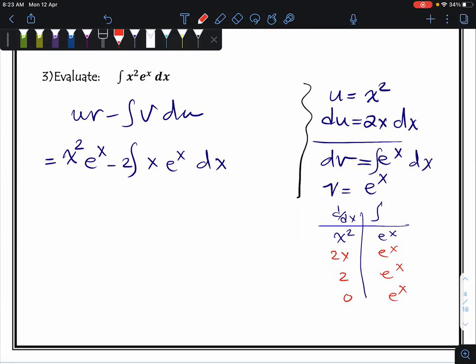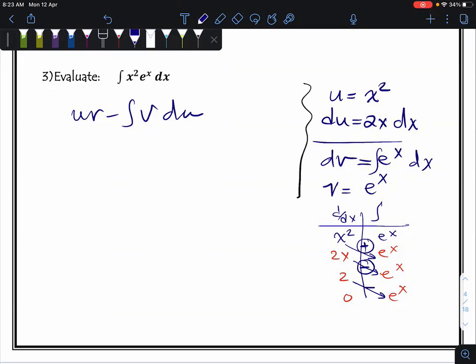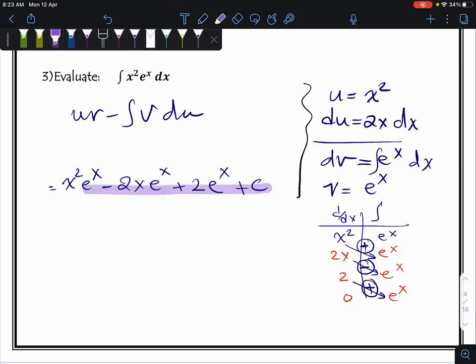Then substitute with alternating signs, positive, negative, positive, using arrows. So x squared e to the power of x with a positive sign, minus 2x e to the power of x, plus 2e to the power of x, plus c, in one step only. Okay? One step.